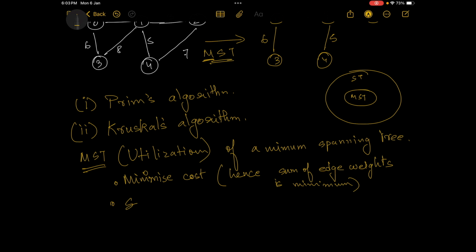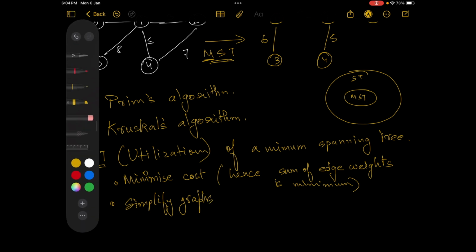Also, we simplify the graphs, right. Hence no cycle and no redundant paths, right.